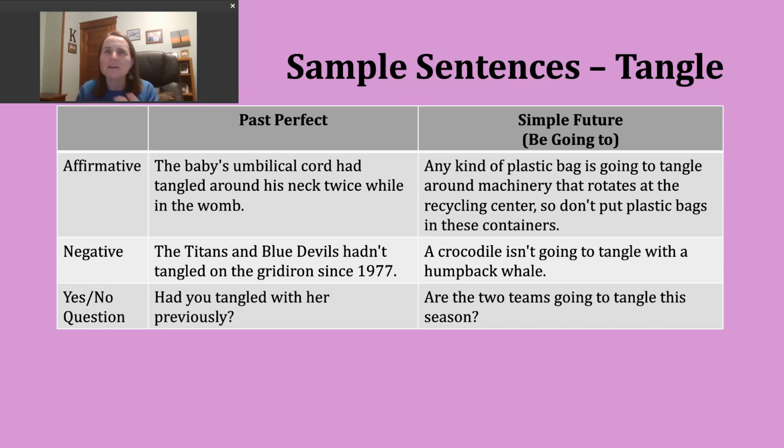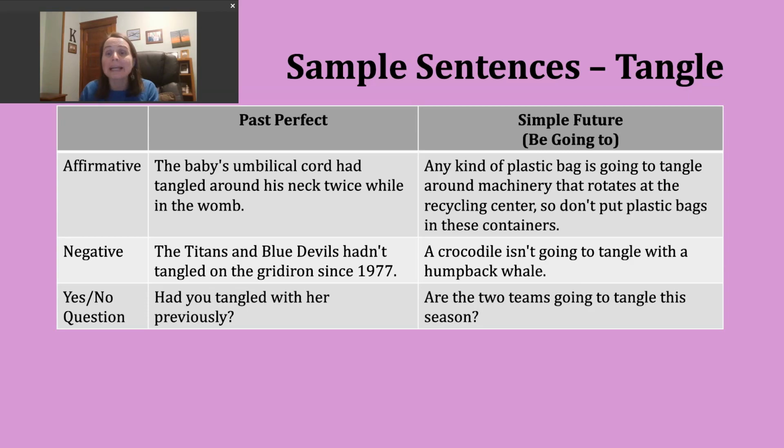I saw a sentence very similar to this as I was looking for examples of tangle, and this particular article was talking about how bad Americans are at recycling and kind of following the rules and knowing what can and cannot be. So this particular article was noting in this community, you cannot recycle the plastic bags you might find at a grocery store or convenience mart of some kind.